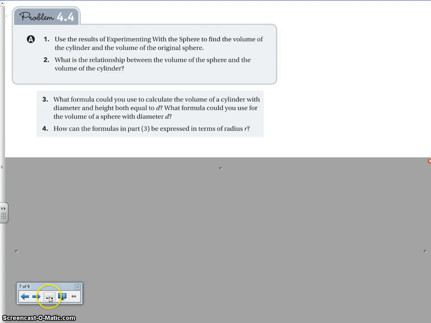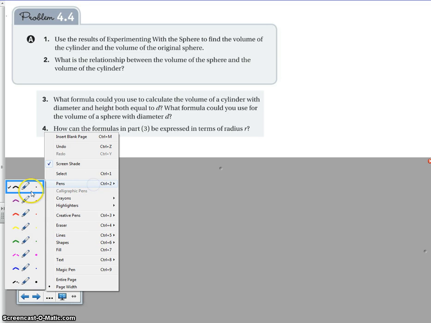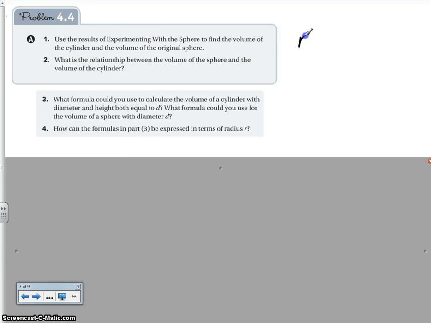And let's say we wanted to do, where's my pen? We had a radius of 5. If you have a radius of 5, you can use your volume of a cylinder formula, pi r squared times the height, right?